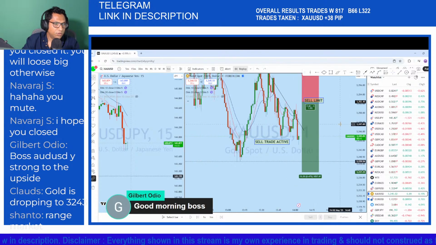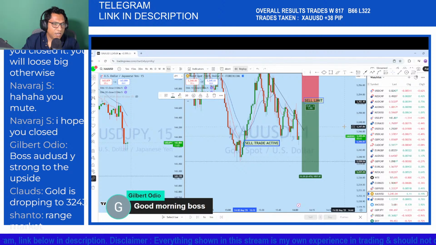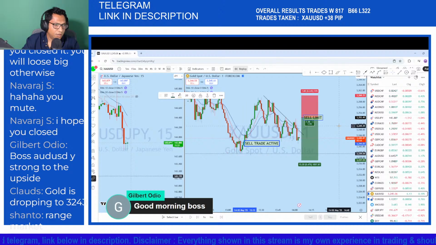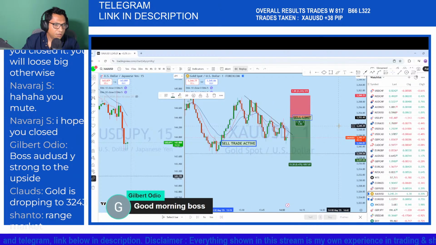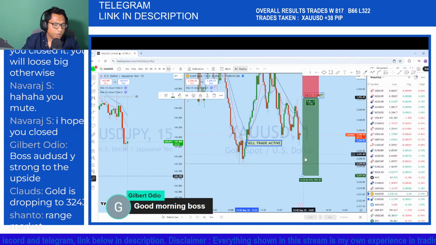Bouncing, trying to bounce back up because it's on the support level. I'm ready to close anytime if needed. Still waiting for a possible drop further. If it drops below, we will be holding it.